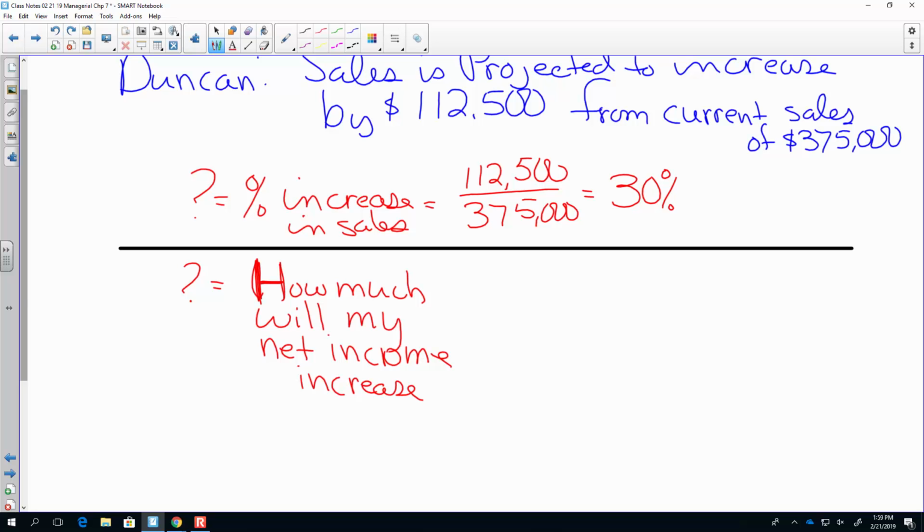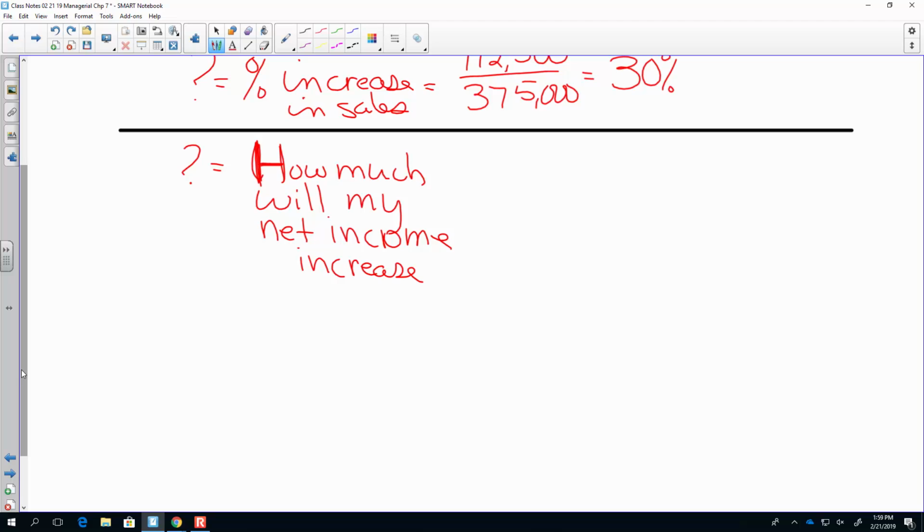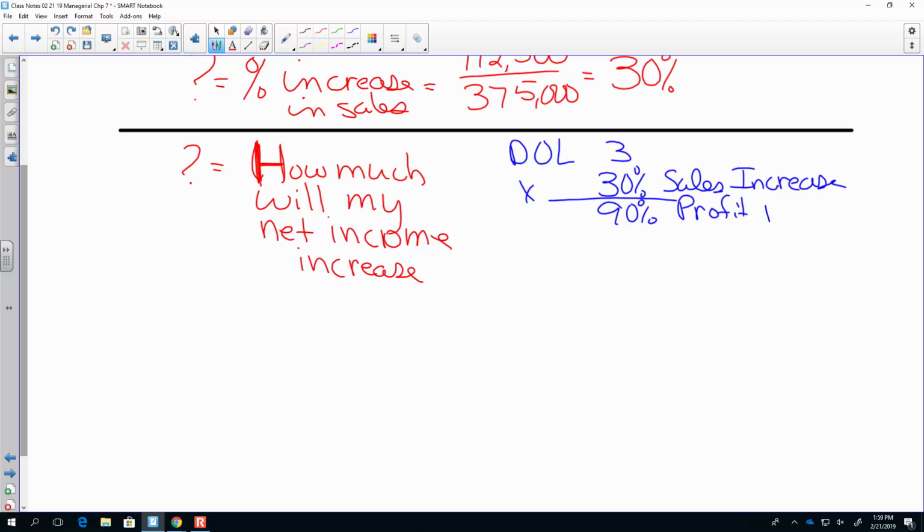How much in dollars will my net income increase by? What we did was we used the DOL of 3 and multiplied it by the sales increase of 30%. We just proved that out. 30% was the increase, which means my profit will go up 90%. We already did that computation.